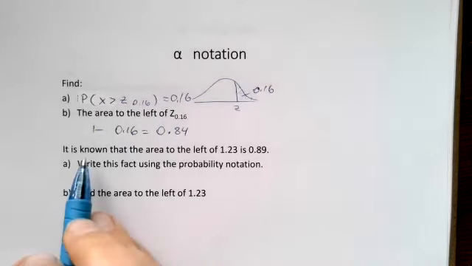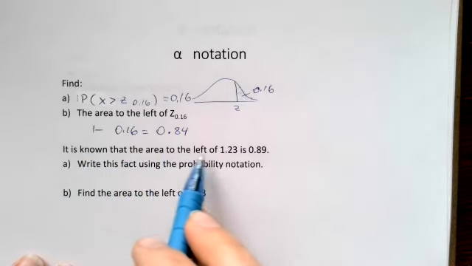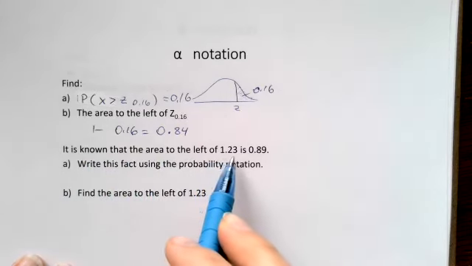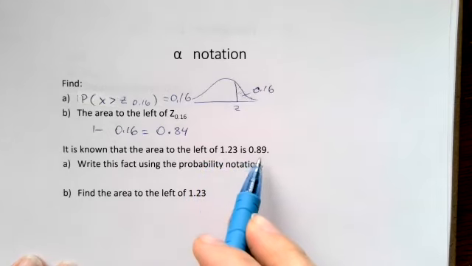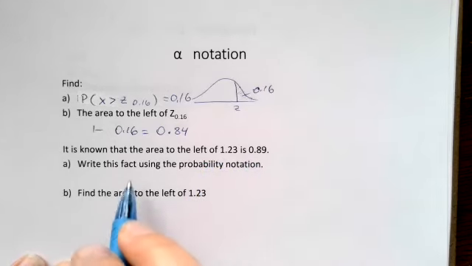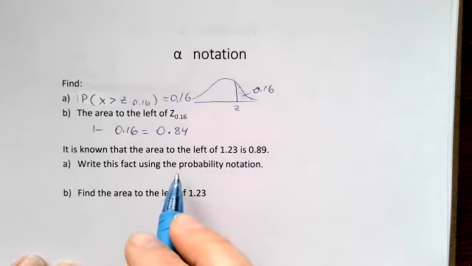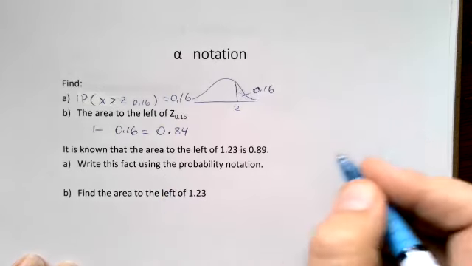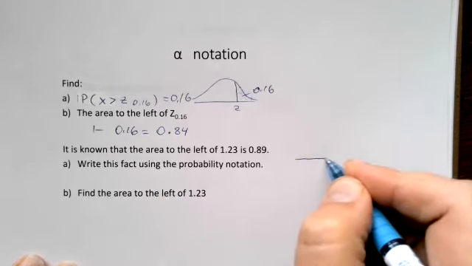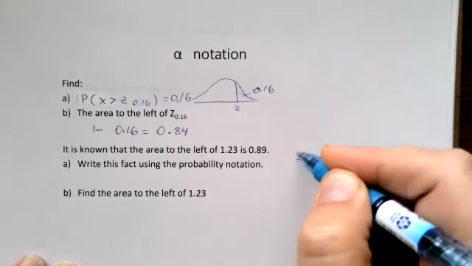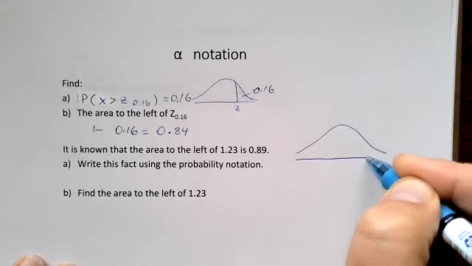Next question. It is known that the area to the left of 1.23 is 0.89. Write this fact using the probability notation. Okay, so let's first picture what we have.